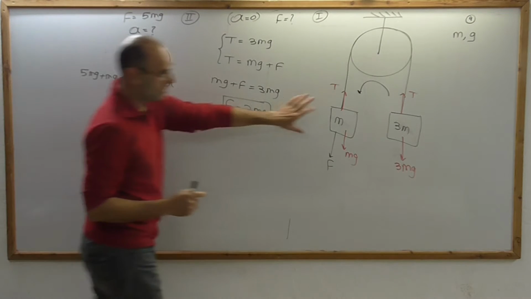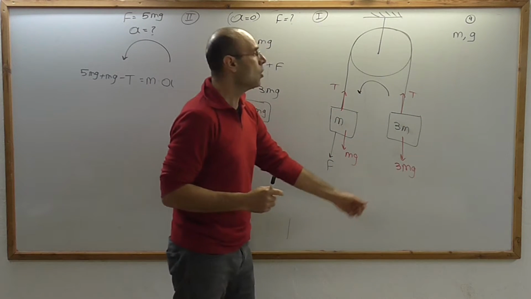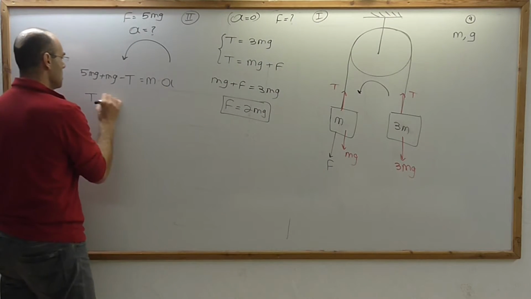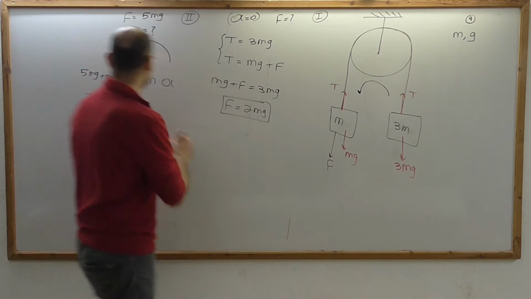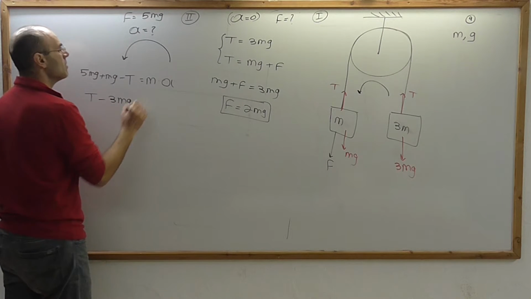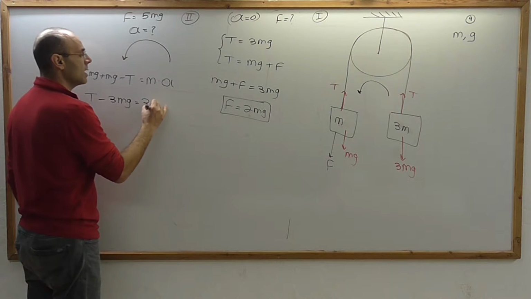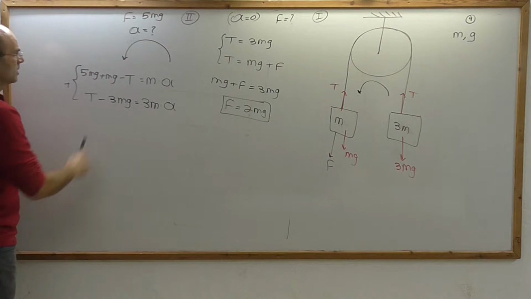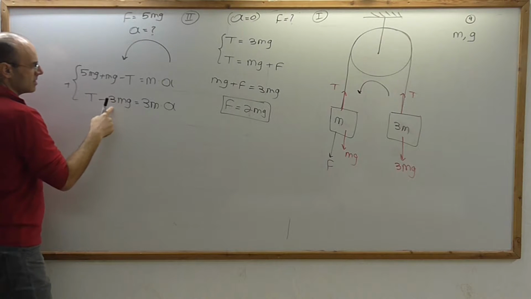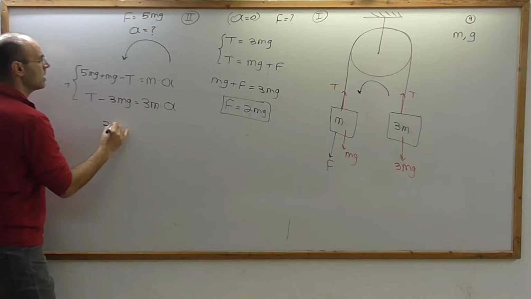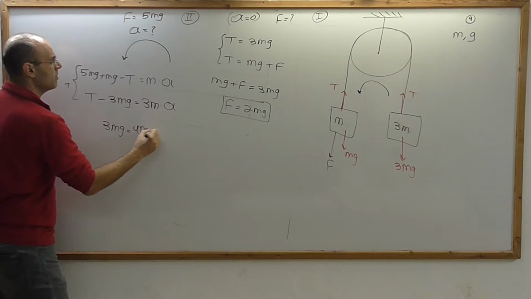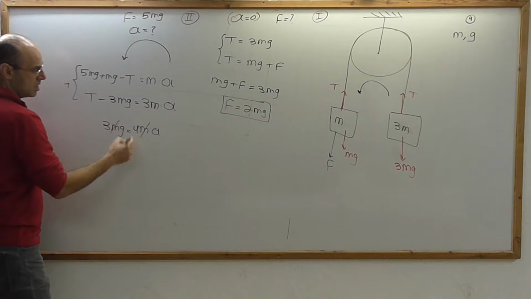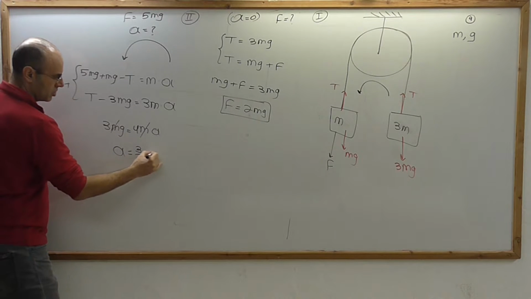This is this object. Let's go to that one. We know it accelerates up, so all the forces up, which are T, minus all the forces which are down, which are 3mg, must be equal to the mass, which is 3m, times the acceleration. Let's add them up. 5, 6 minus 3, 3mg equals 4ma, a equals, m and m go, 3/4 g.